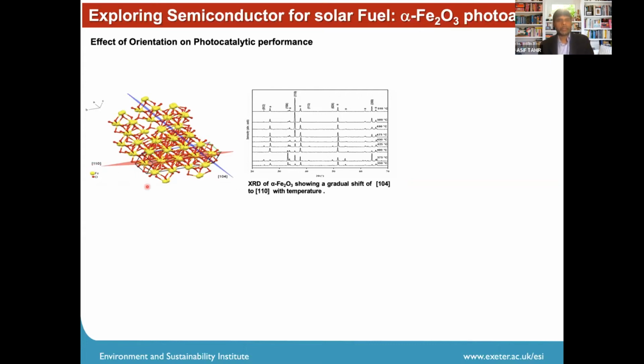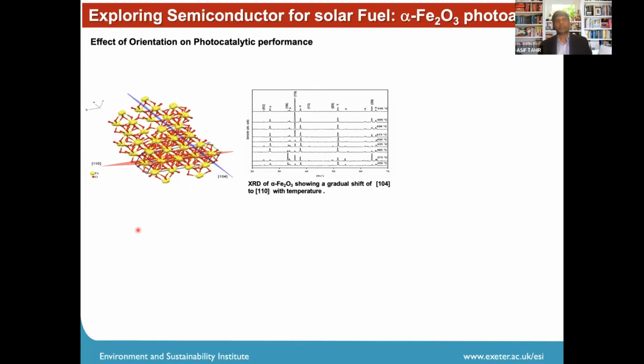When the iron oxide is deposited in the 104 orientation, it is an oxygen terminated crystal structure, while when the iron oxide is in 110 orientation, it is an iron terminated crystal. So when it is oxygen terminated, it has a partial negative charge on the surface, while when it is iron terminated, it has a partial positive charge.